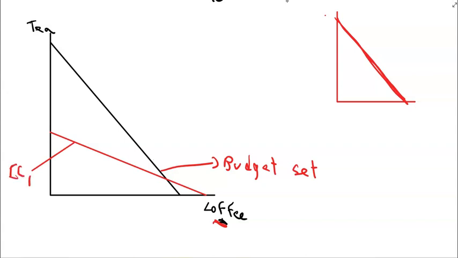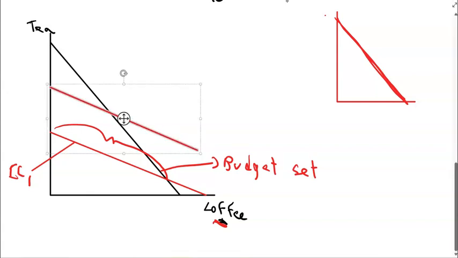I can see that points in this portion are definitely affordable, but I can do better because as I move upwards, I can consume more and I am at a higher indifference curve. So as a consumer, I will try to move upwards, maybe up to a line here. Now this is going to be my new indifference curve, but I can see I can do a lot better and move even higher.